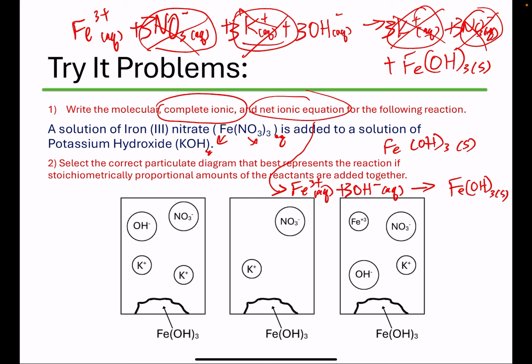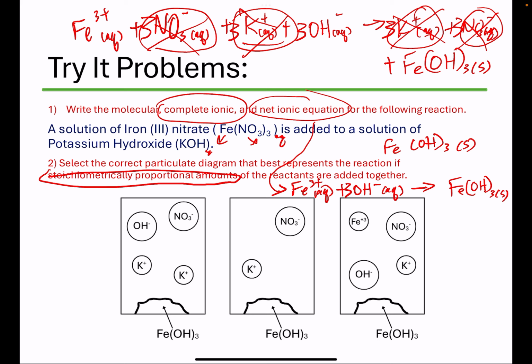Okay, so let's read number 2. Select the correct particulate diagram that best represents the reaction if stoichiometric proportional amounts of the reactants are combined. So in this case, the main difference is going to be our stoichiometric proportional amount. What that means is that they use the exact amount.